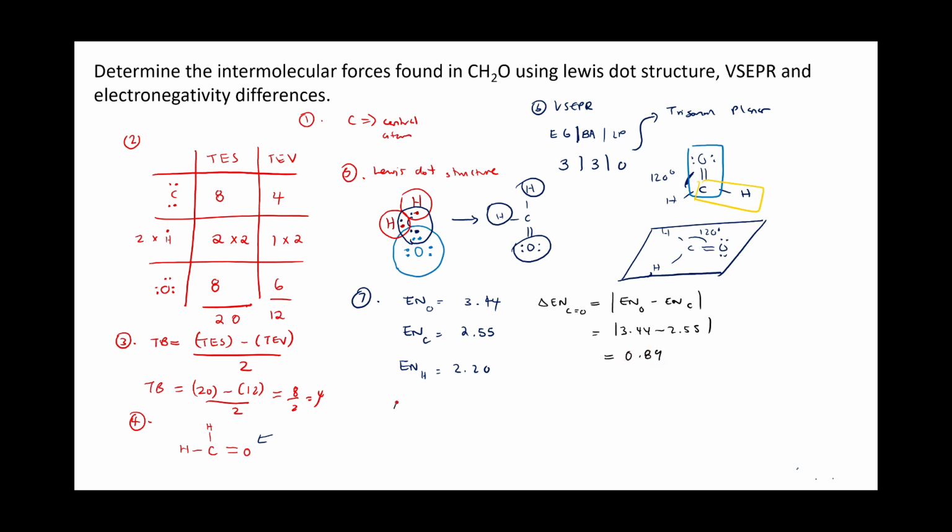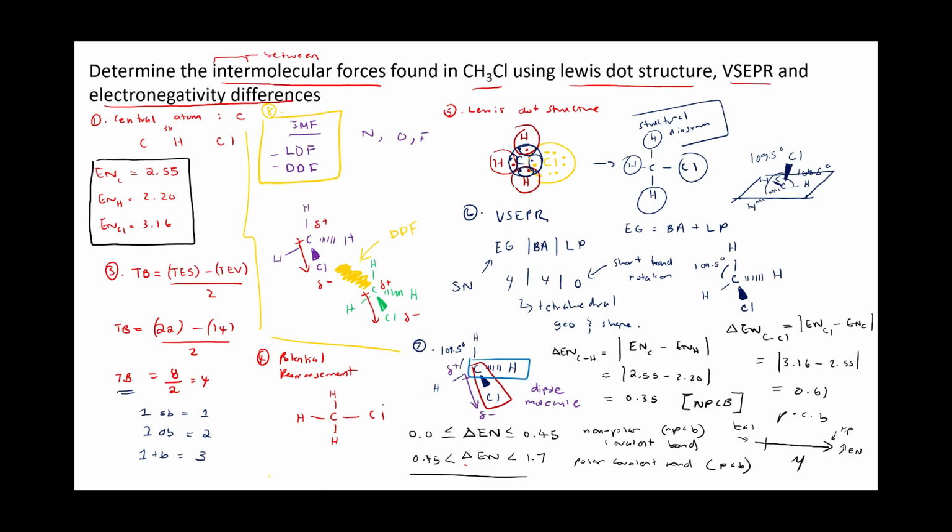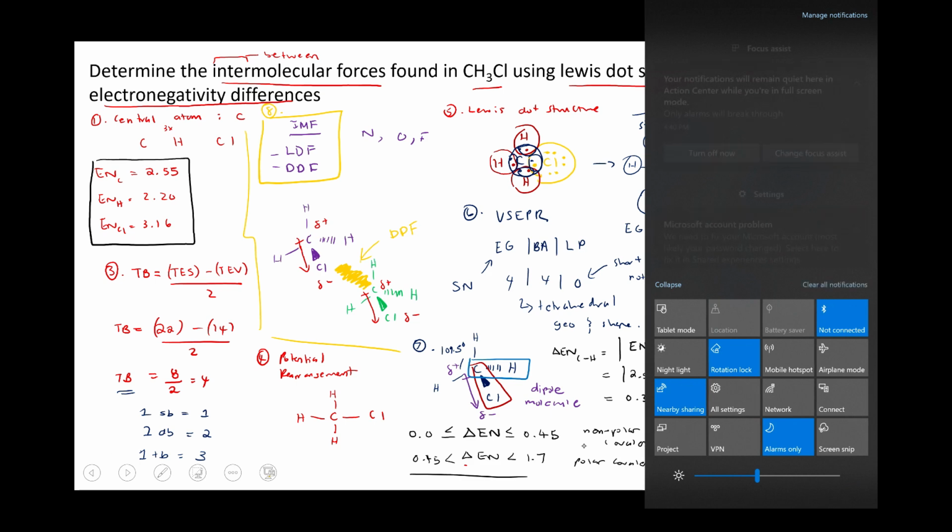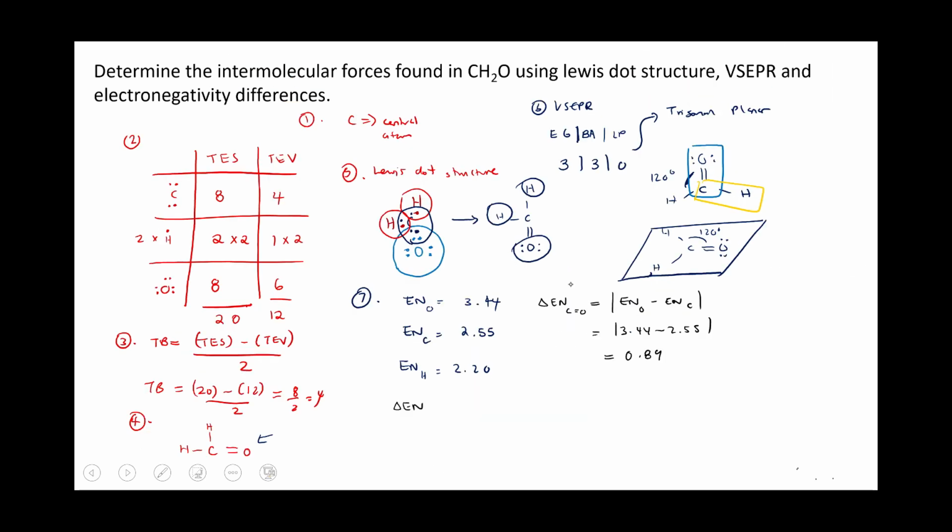Okay, now our electronegativity interval table, that was the previous question. If it's greater than 0, less than or equal to 0.45, this is a nonpolar covalent bond.